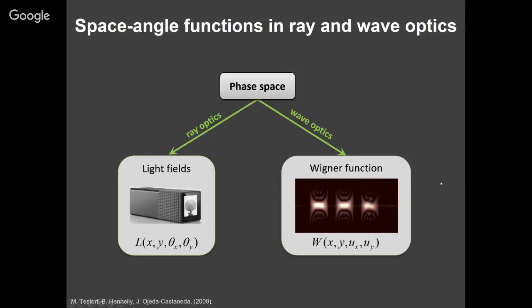Propagation is a shear, a point source makes a line. The difference is that Wigner functions capture interference and phase effects. So you can see diffraction ringing effects here, which you would never see in a light field plot. They additionally capture more, but in the limit, they become the light field when your object is incoherent and ray optics applies.